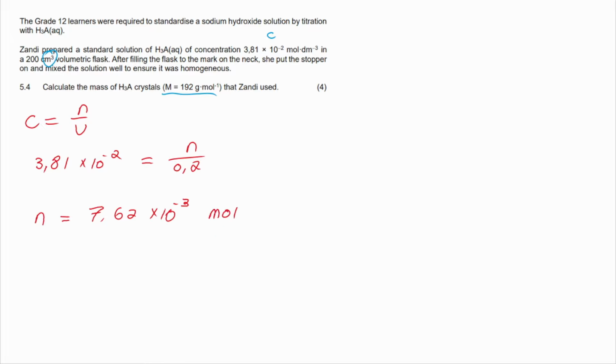But they don't want moles, they want mass. So we have to do moles is mass over molar mass. We have the number of moles, 7.62 times 10 to the minus 3, and that's equal to the mass, which we're trying to find, over the molar mass, which is 192.